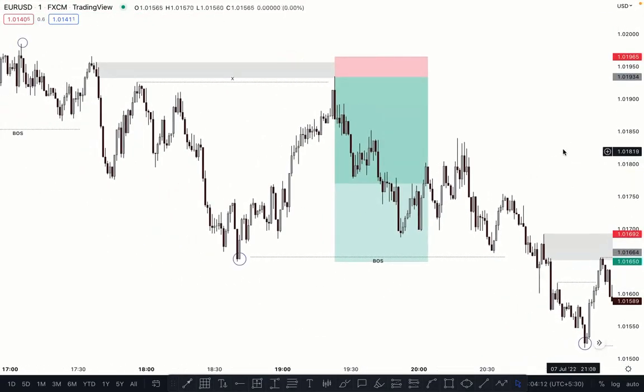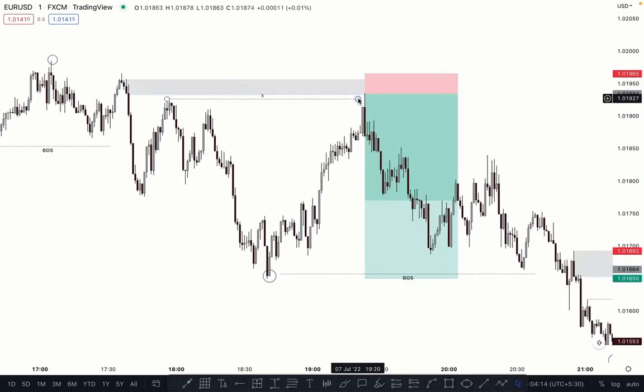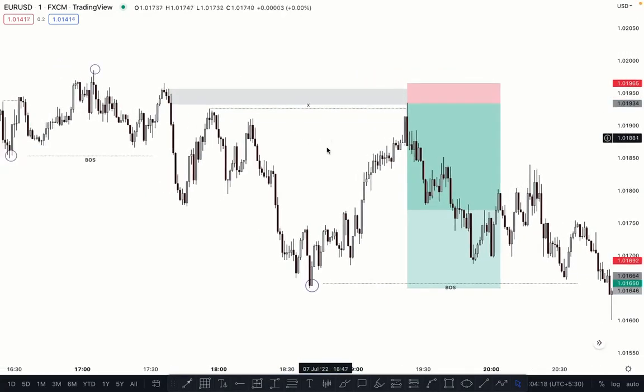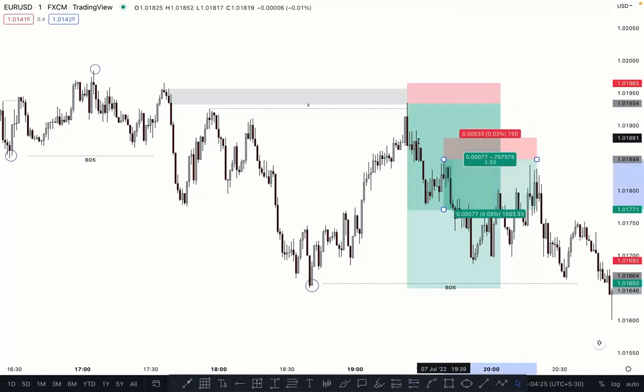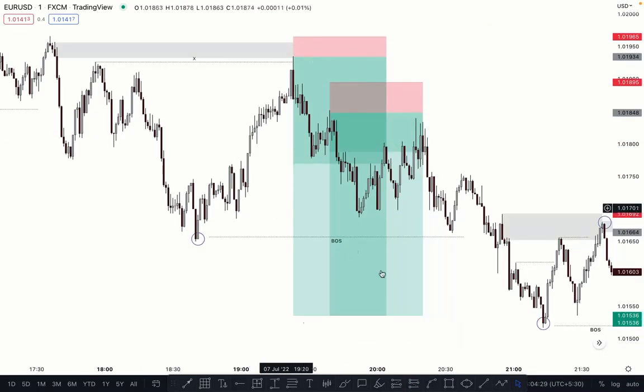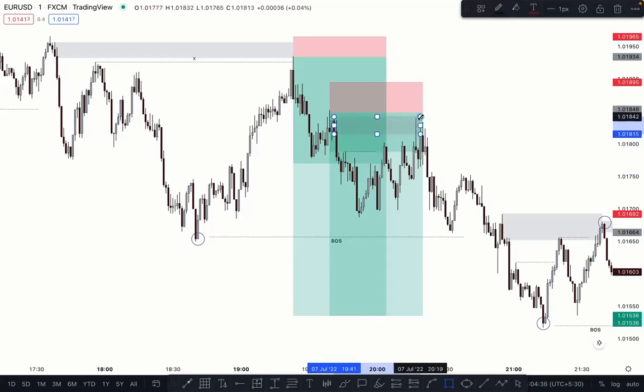And let me show you exactly, after taking out this inducement, how many entries we can take. After taking out this high, we can get entry here and put the stop loss just above it, correct? And the next entry after taking out this high is on this order block, correct?